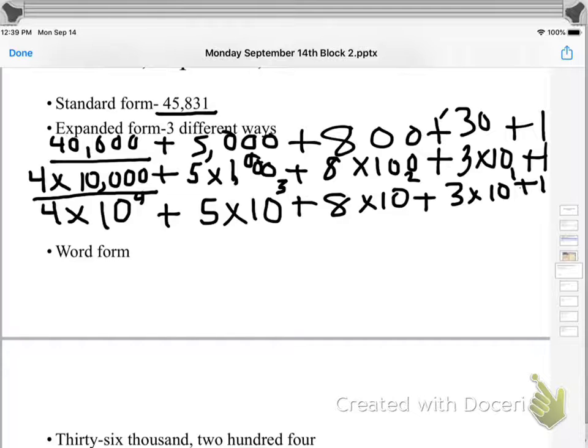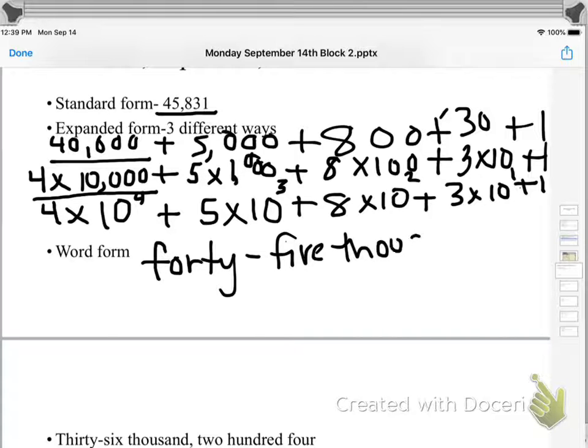And finally, we're looking into word form. Now, word form is just using words, and however you say the number, you write it down. So if we have 45,000, I'll start there, 45,000. And then since I hit a comma in the number, I put a comma in my word form.